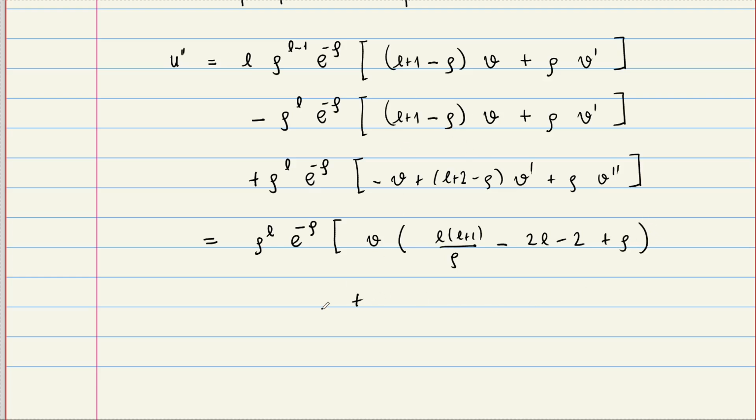So these are the v terms I collected. Let me just copy from this, because I'm very likely to make a mistake if I do it again here. So this is 2L plus 2 minus 2 rho plus v double prime rho. Okay, this is u double prime.